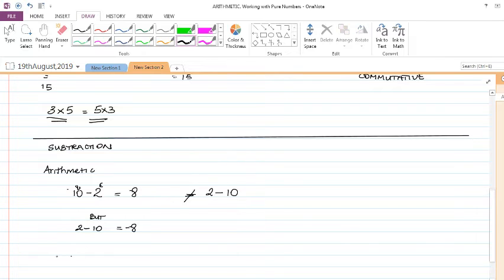Now, there can be a case made, for example, 5 take away 5 is equal to 0. And when I change it around, then it will be 5 take away 5 equal to 0. Now, I'm going to write the algebraic statement about subtraction and its commutativity.